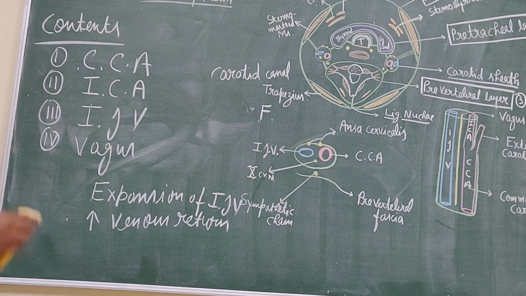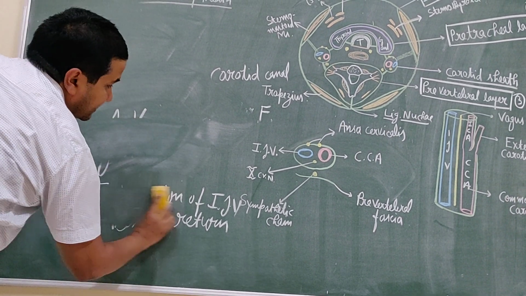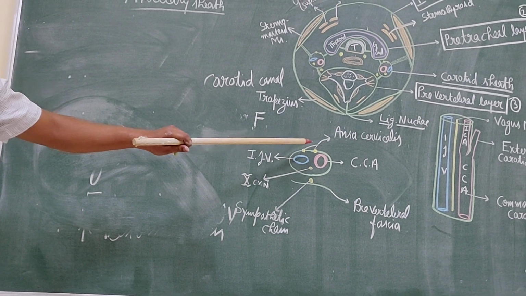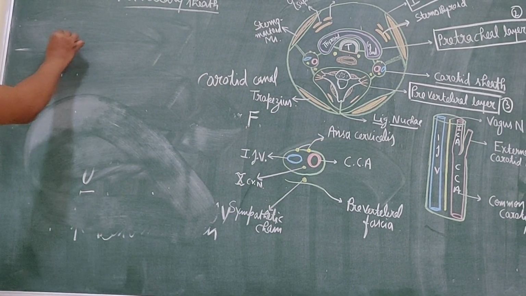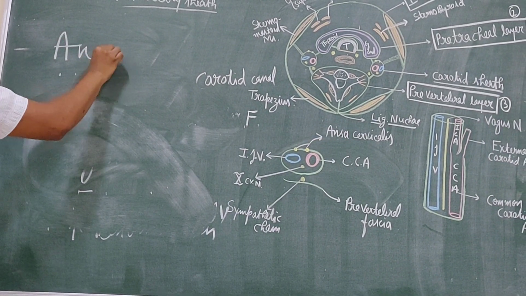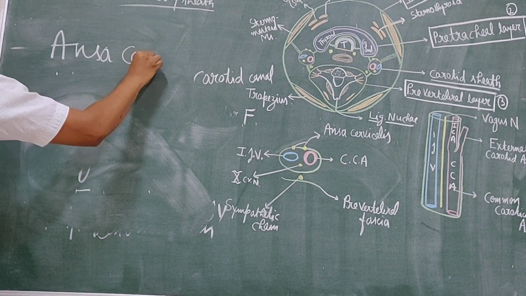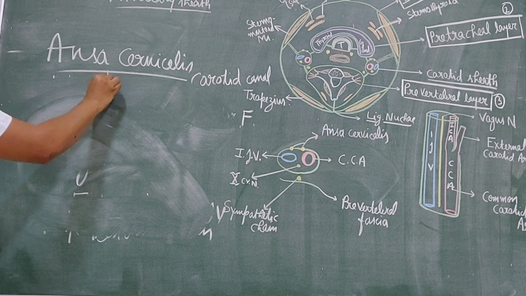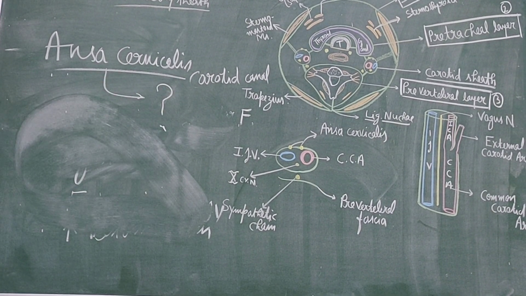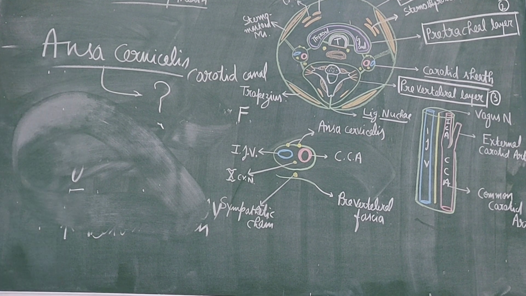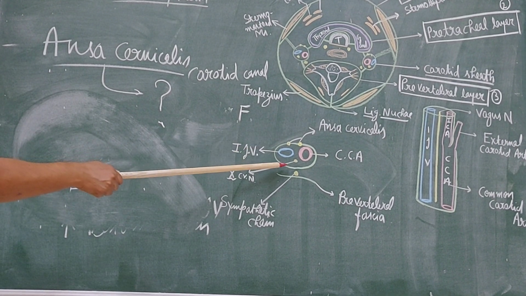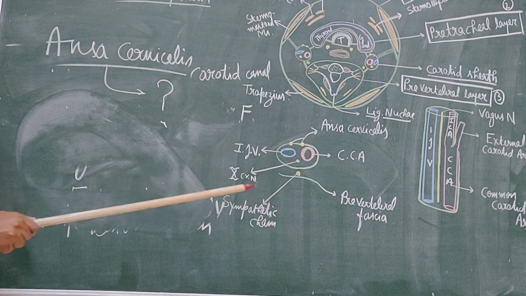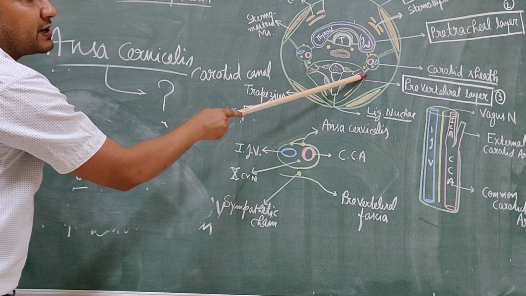Now, in the anterior wall of the carotid sheath, the ansa cervicalis is embedded. Now the question is, what is ansa cervicalis? Think. Then we see behind the carotid sheath, it is the prevertebral fascia.